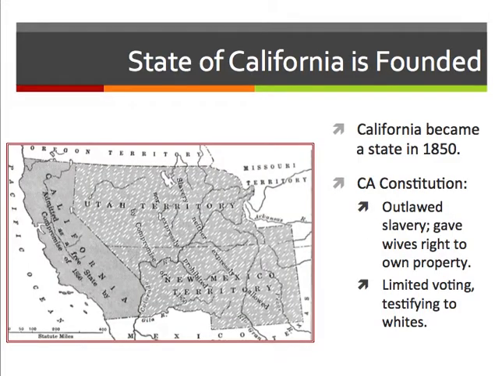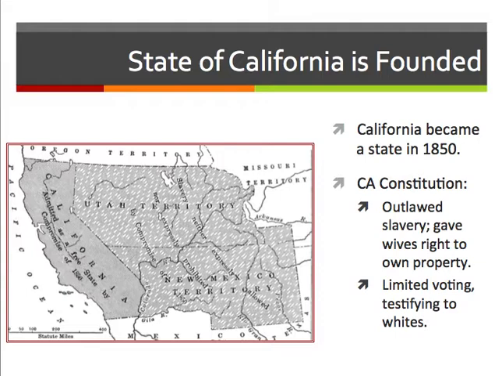The discovery of gold also resulted in comparatively early statehood for California in 1850. Other regions of the Southwest taken from Mexico in the U.S.-Mexico War did not receive statehood so quickly.